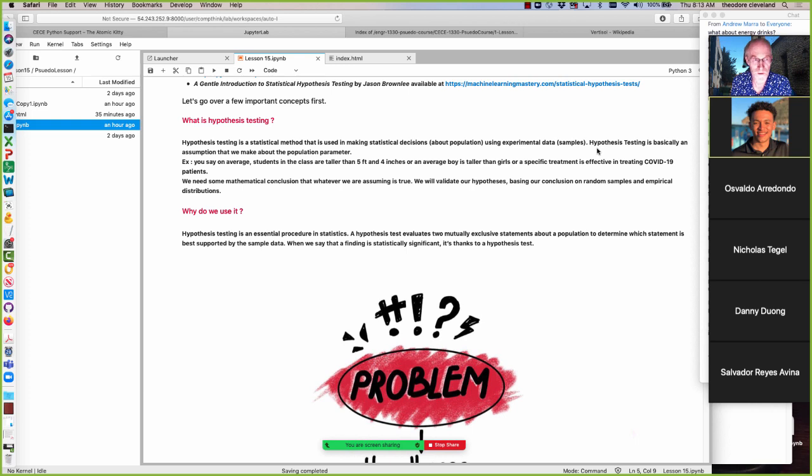As an example, suppose we have, on average, the students in the class are taller than 5 feet 4 inches, or a similar example is an average boy taller than an average girl in our class, or is a specific treatment effective in treating COVID-19 patients.